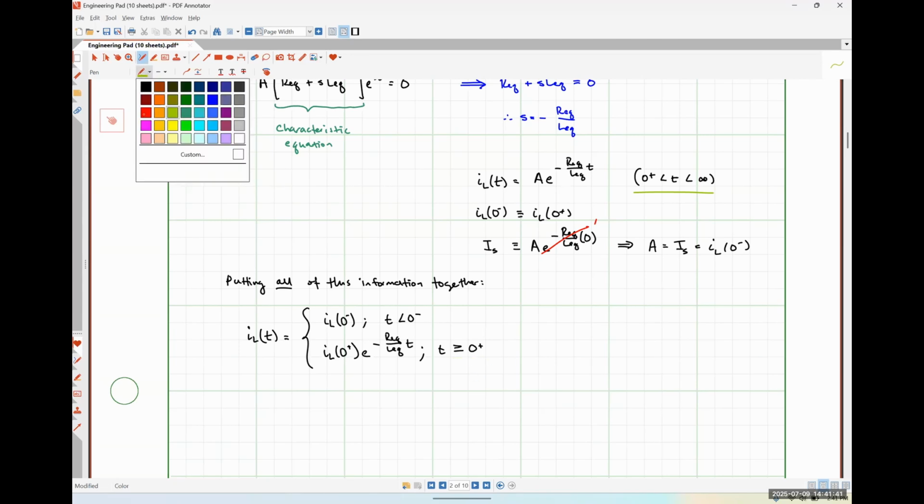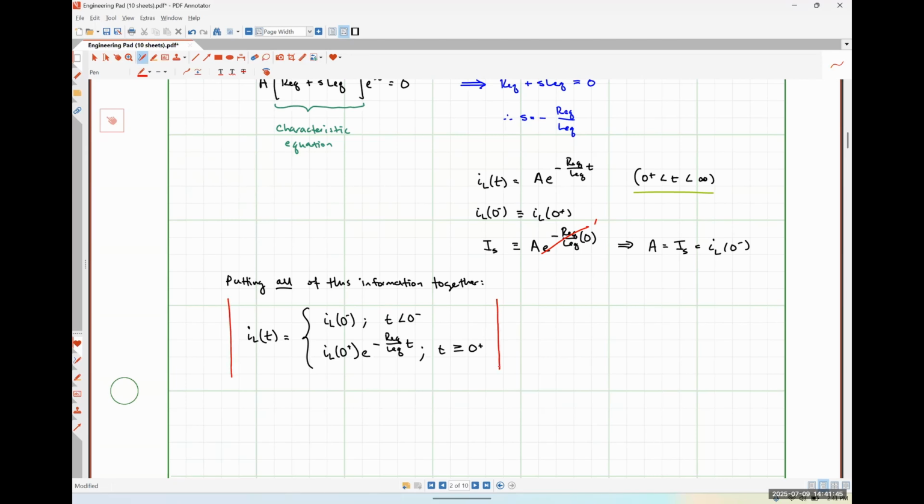So this equation right here is how our inductor current specifically is going to behave. Now, before we get into working some problems here, I want us to go back up to our graph A and kind of fill in the gap.